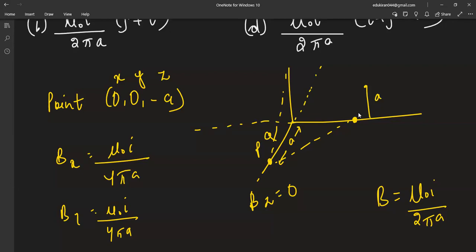Why only this? The y-axis is clear, it will definitely be here. Now if you see here, this is negative, it means this is minus z. These are all the possible axes. Let me redraw it.